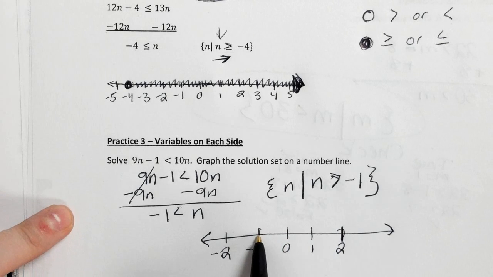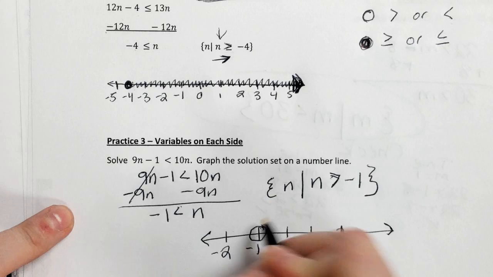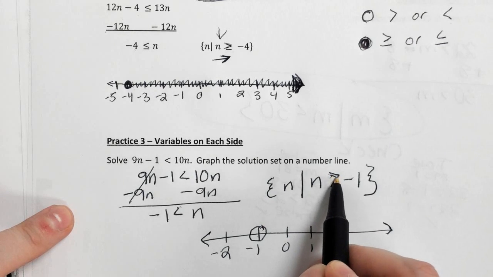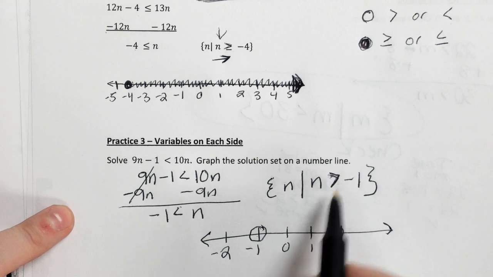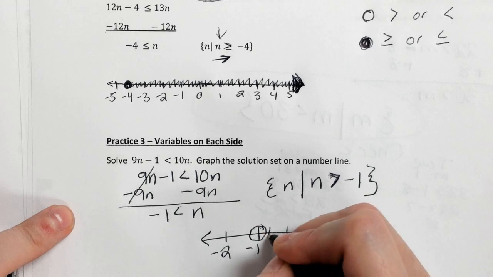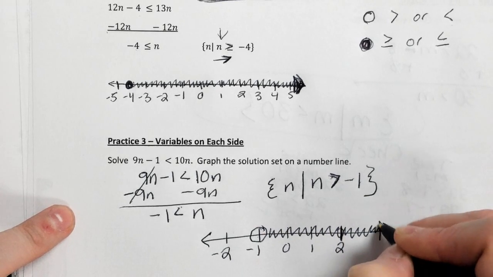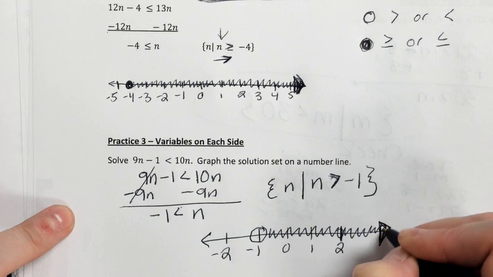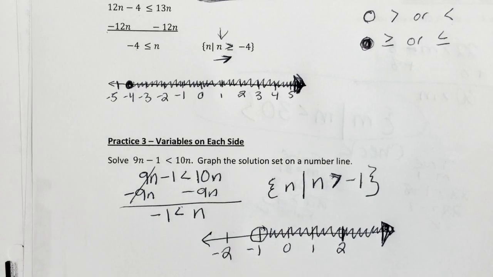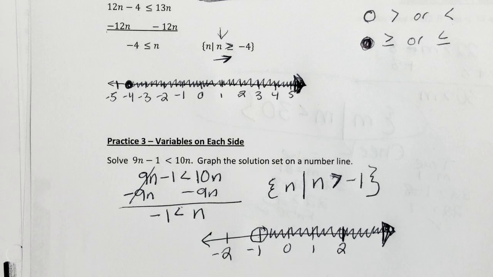Okay, open or closed circle at negative 1? Open, and I can follow this arrow. The arrow is pointing towards the right, so I need to shade to the right. And make sure you bold your arrow at the end. Okay, any questions so far?